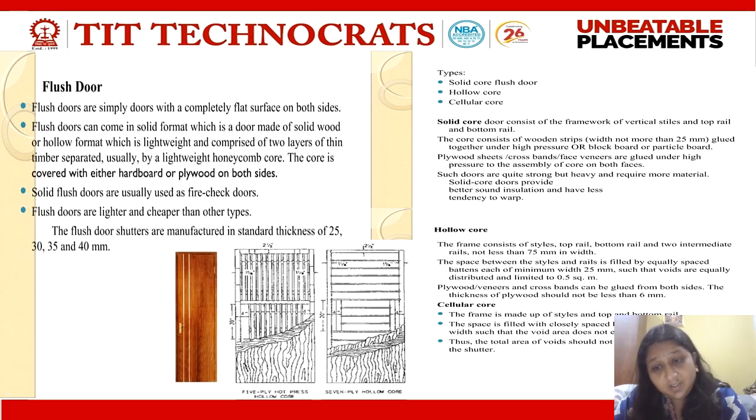But if we go to the inner part of it, it may consist of different layers. If you have observed a thick sheet of plywood, if we look at its inner area, it has different layers in it.